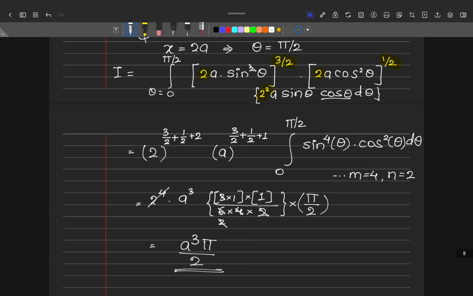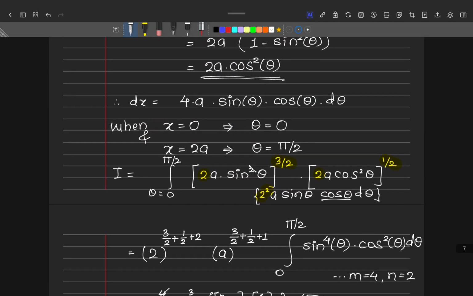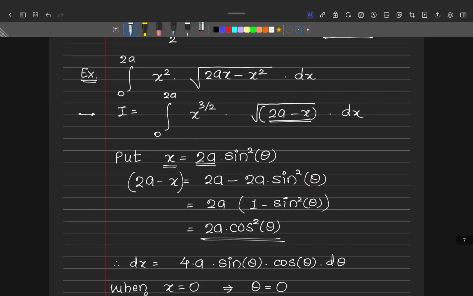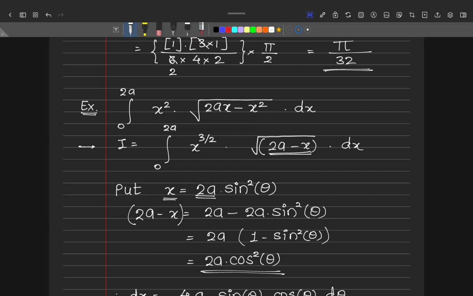Is it clear? Oh, sorry, this was 2, and here x raised to 1/2, so this power has to be 5/2. My bad.